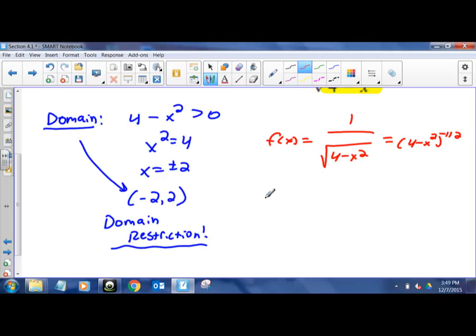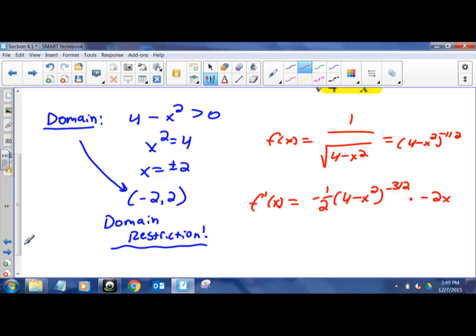Now let's go ahead and take the derivative, because remember, critical points come from undefined values of the derivative and zeros of the derivative. So here we go. F prime of x is equal to negative 1/2 times 4 minus x squared to the negative 3/2, and we're going to remember to chain by multiplying by the derivative of the inside, which is negative 2x.